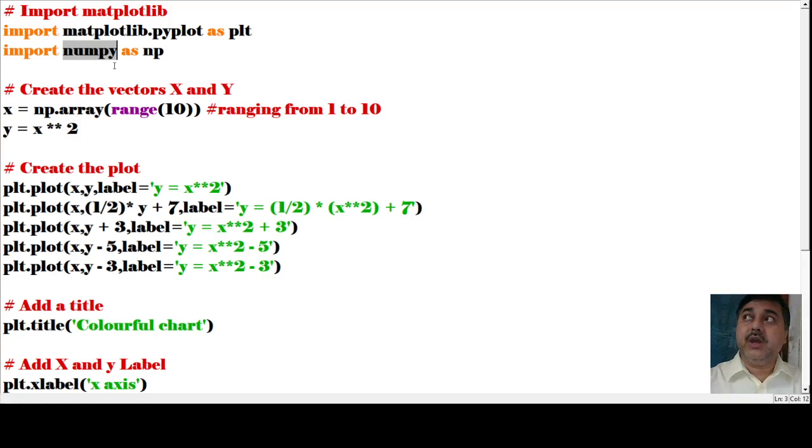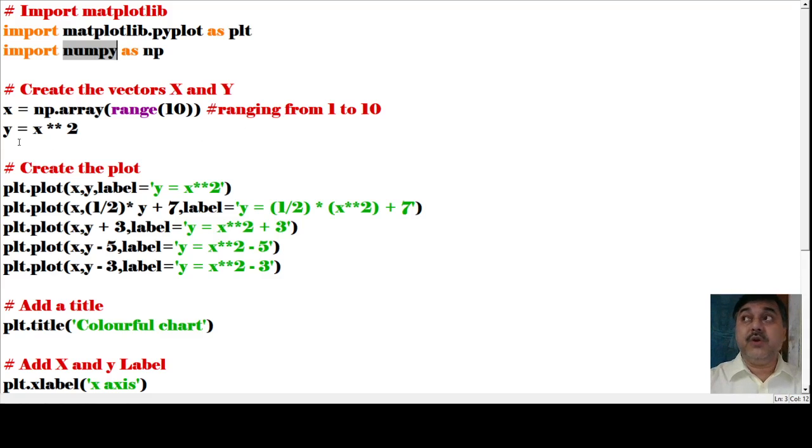Numpy has been called here as np, so this np.array has the range declared here. The range is from up to 10, meaning values from 1 to 10 will be accepted here. So 1 to 10 is the given range.